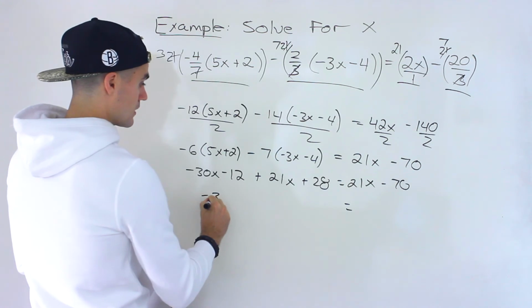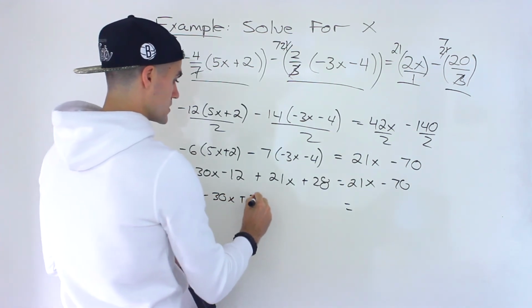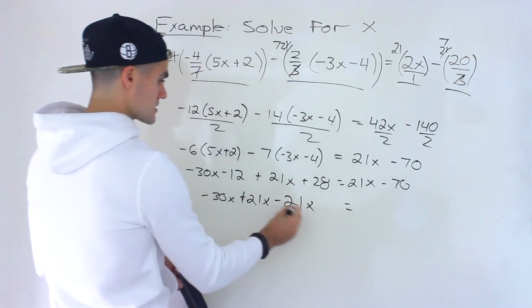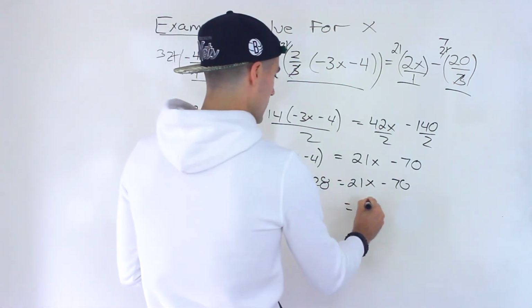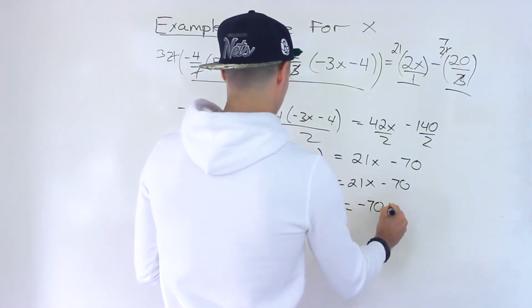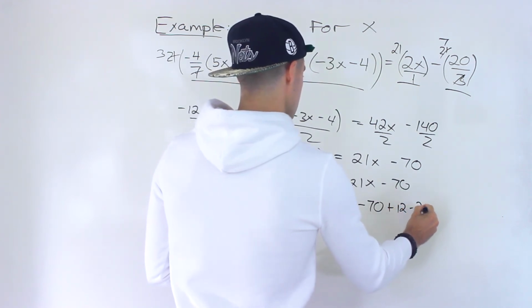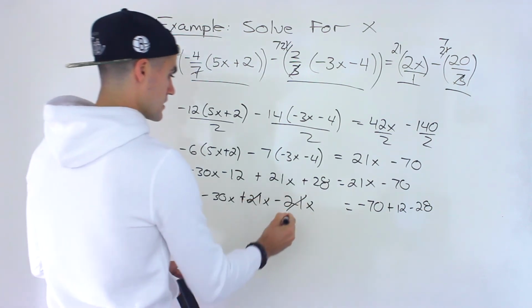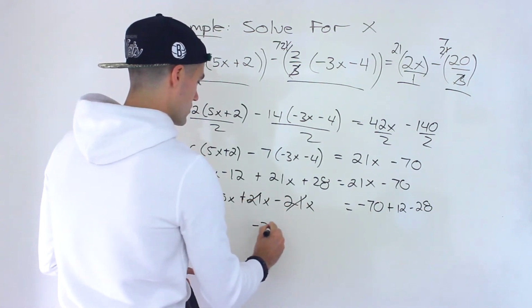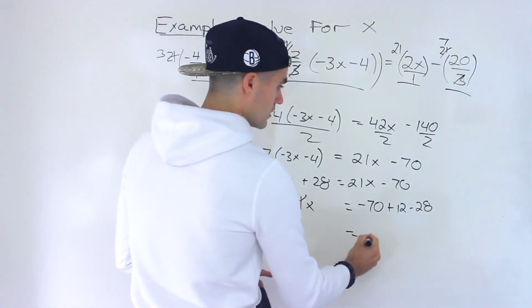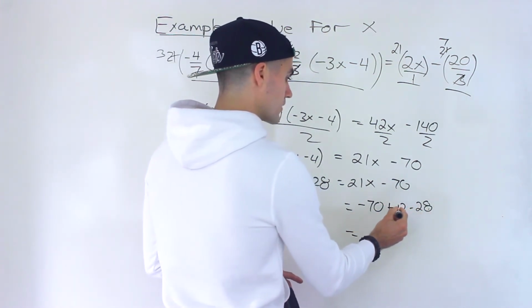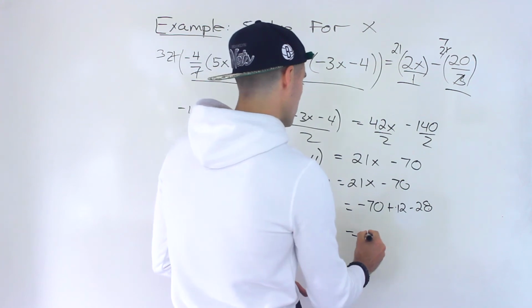So we'd end up with negative 30x plus 21x minus 21x. That's nice because these would actually just cancel out. Then we'd have negative 70 plus 12 minus 28, like that. So these would cancel out, so we'd end up with negative 30x over here, and then this would end up being negative 98 plus 12 would give us negative 86, like that.